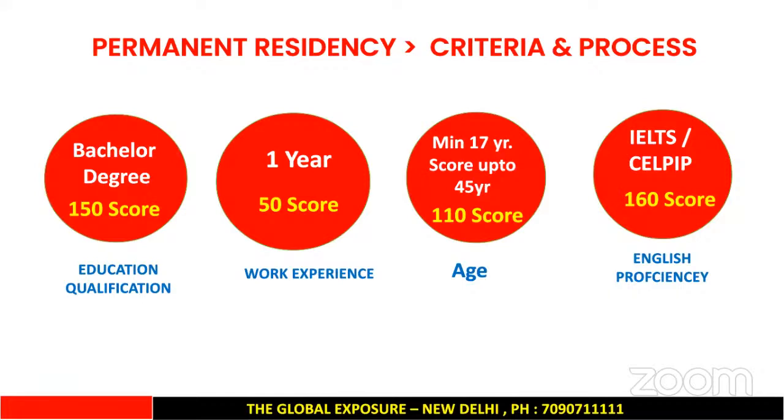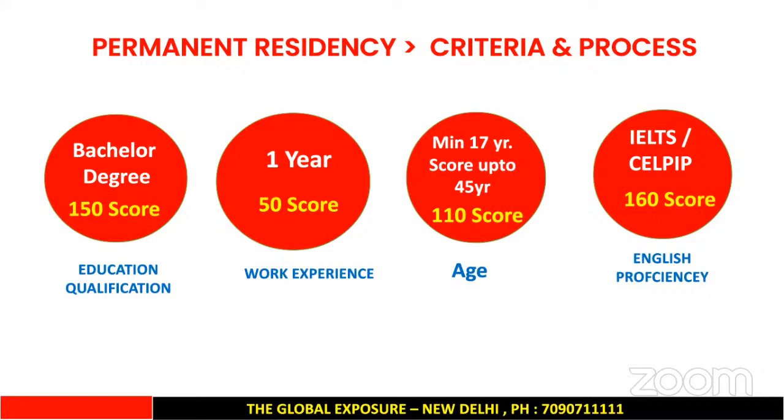Coming to your education qualification, you will be evaluated on the basis of 150 score in total, right? Work experience carries 50 points in total. Age carries 110 points in total and English proficiency carries 160 points in total. Now you can see out of all, English proficiency is carrying the most of the scores, right?